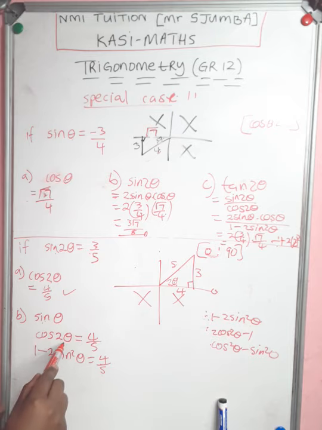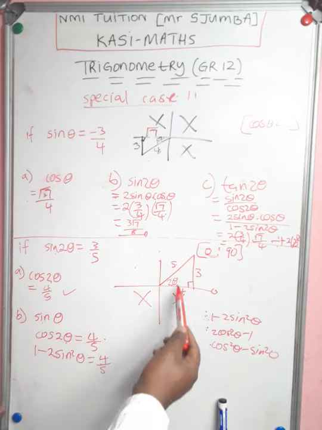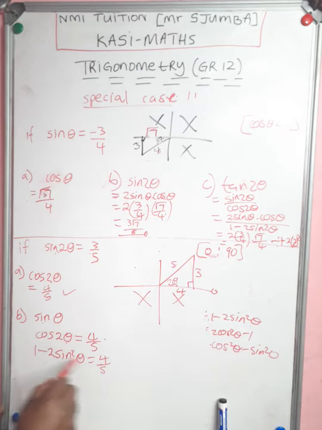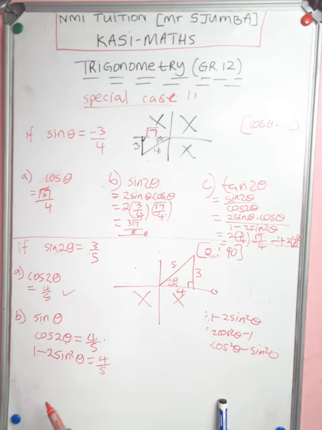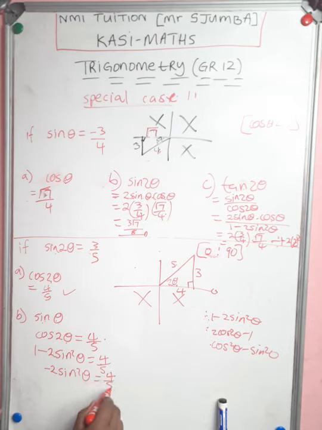We know the value of cos 2 theta, we took it from the diagram. After using the diagram, now we want to find what sin is. So take this 1 across, so we have minus 2 sin squared theta equals 4/5 minus 1, because the 1 goes across as positive. Then divide by minus 2, divide by minus 2.